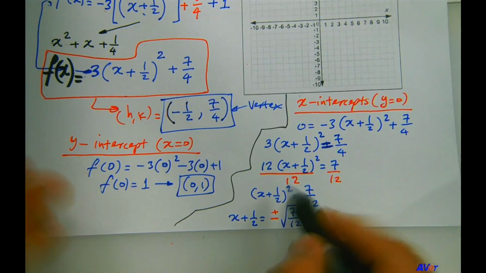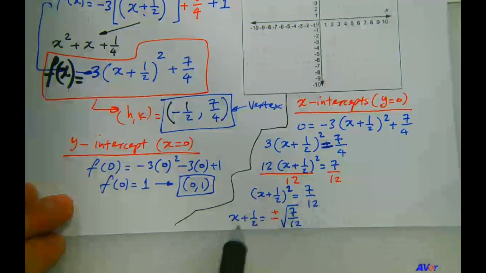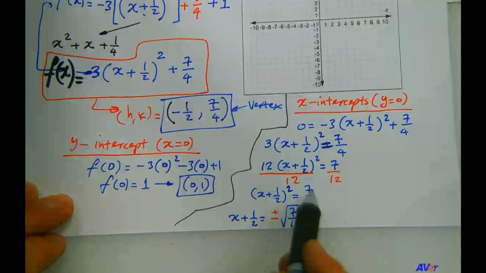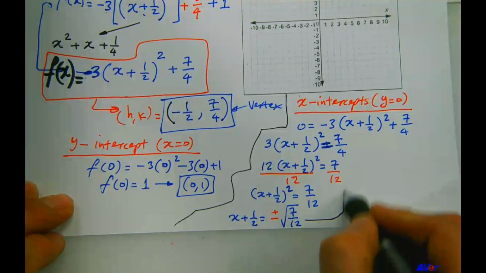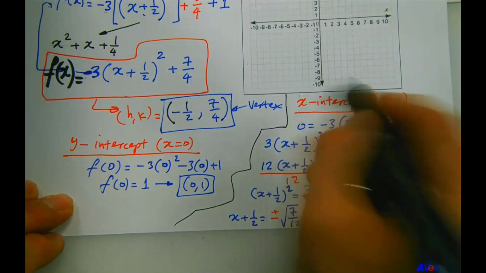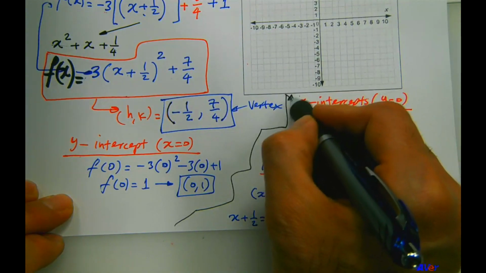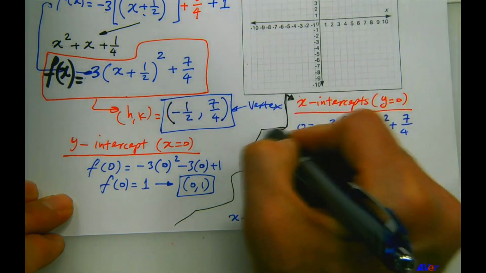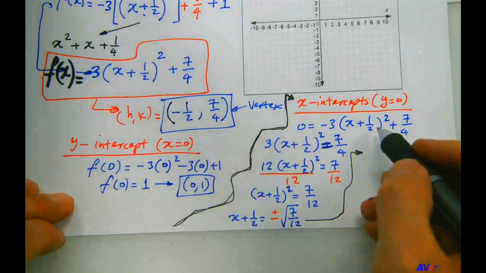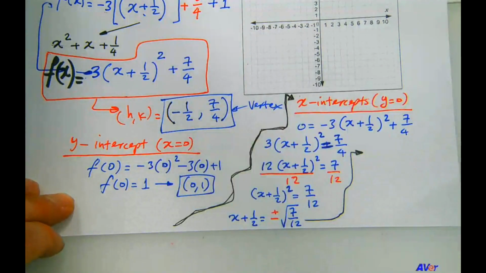Right? After you take the square root of both sides, we have x plus 1/2 equals plus or minus square root of that. So let's bring the rest of this here. And let's put this arrow here, all the way from here. And then here. So that way you can follow the work later.